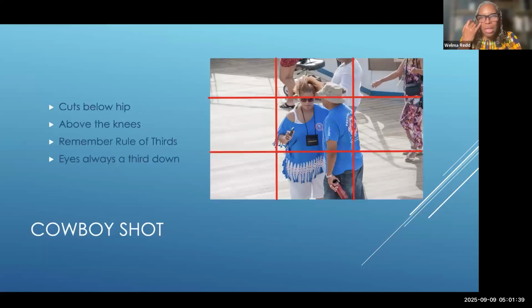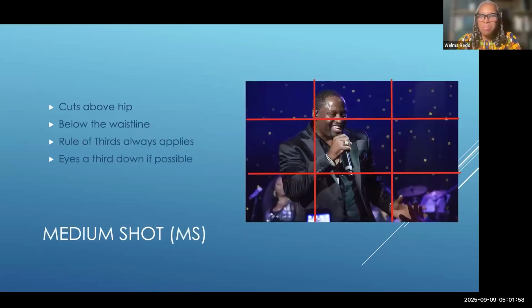The cowboy shot is something that was developed for cowboy movies that shows the holster with a gun. This is a medium shot. It's from the waist up. Again, there's headroom, the eyes at the 1/3 mark.